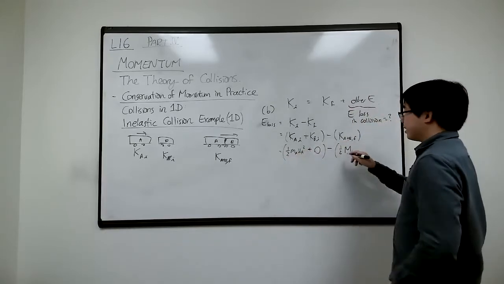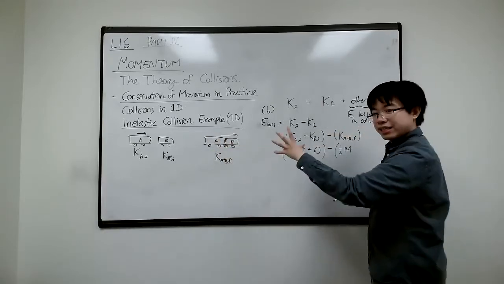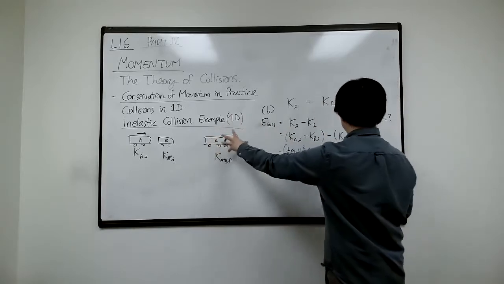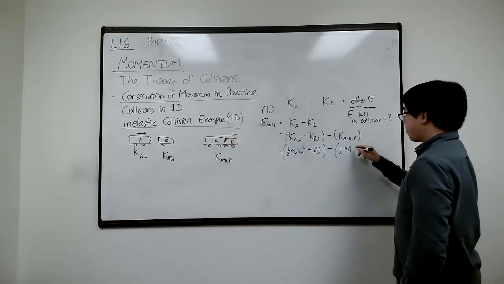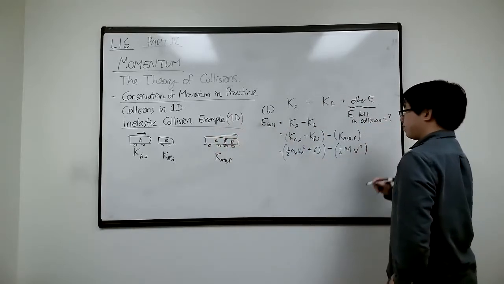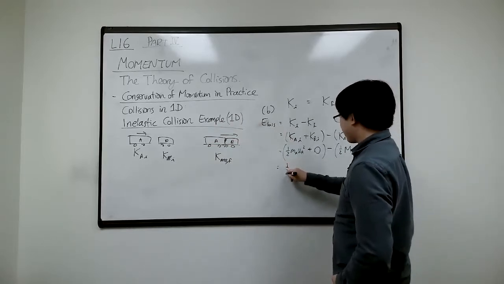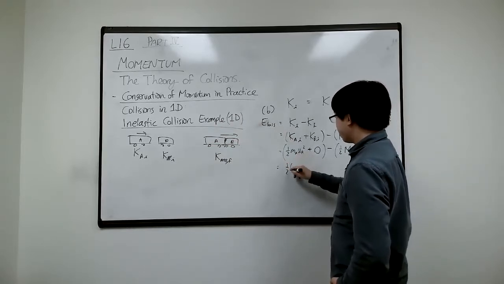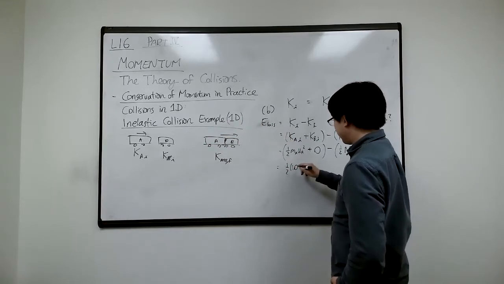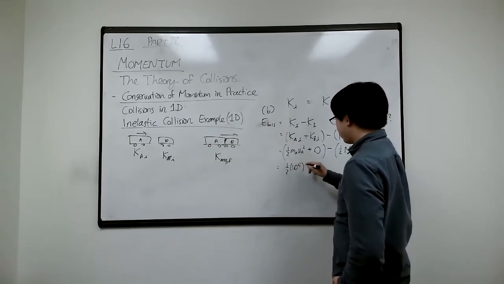capital M, right? Now this moves in synchrony, right? It's together. So it's capital M and the speed V squared. Okay, so we're going to plug that in. So now we have 1/2 M, which is 10,000, so that's 10 to the power 4.